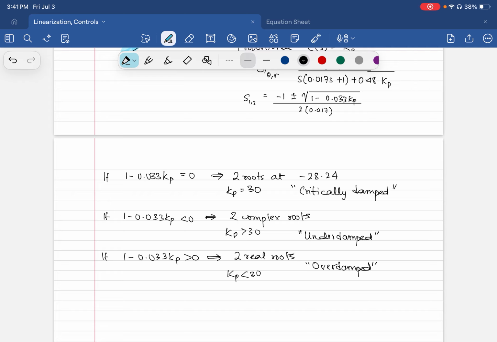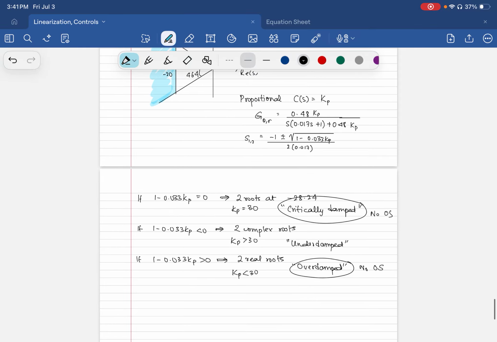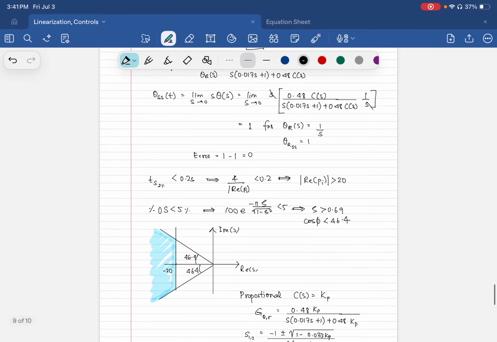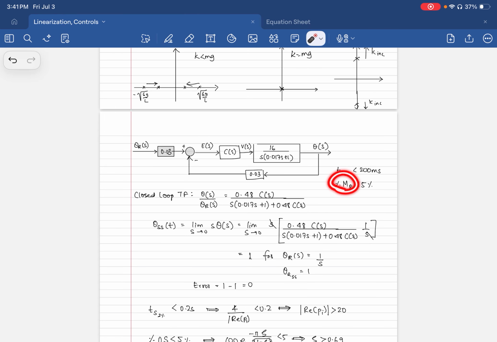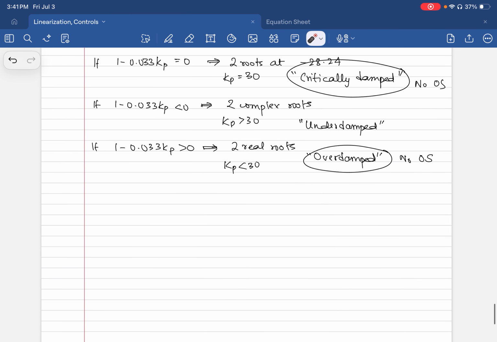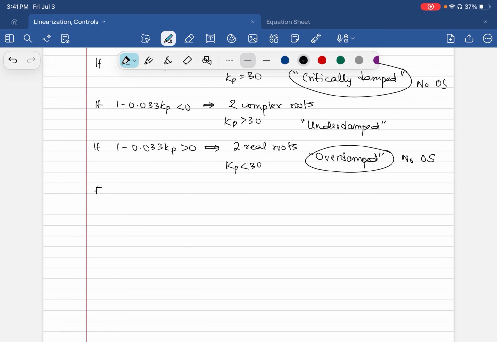Of course, if you have critically damped or overdamped, you have no overshoot, which means that if you want to match design requirements which state that you have some overshoot, then it must be an underdamped system. Okay, so for overshoot to exist, it must be underdamped.